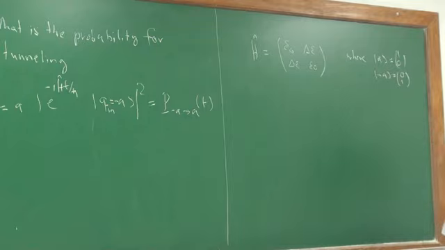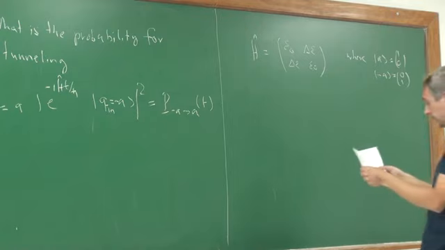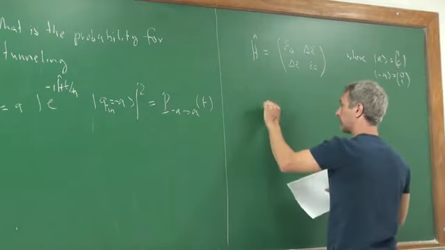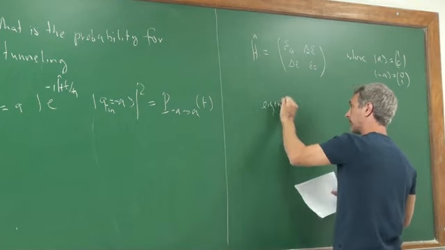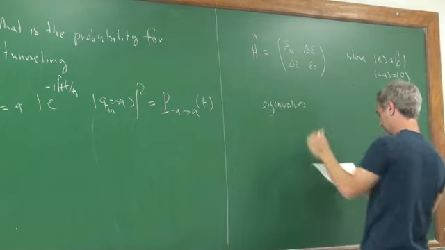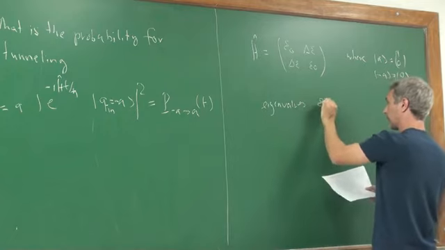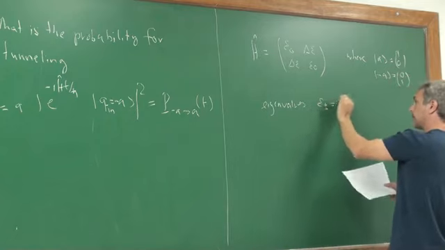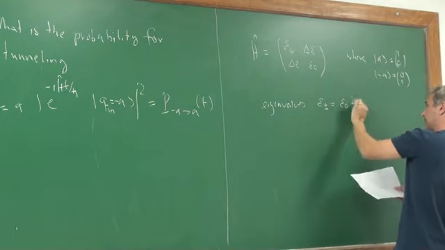This we use as a basis. And we can first just calculate the eigenvalues and the eigenstates of the problem. So the eigenvalues, let's call them epsilon plus minus, are epsilon 0 plus minus delta epsilon.